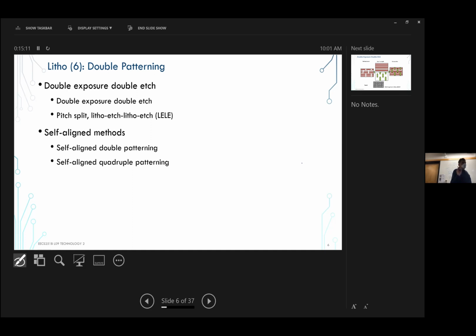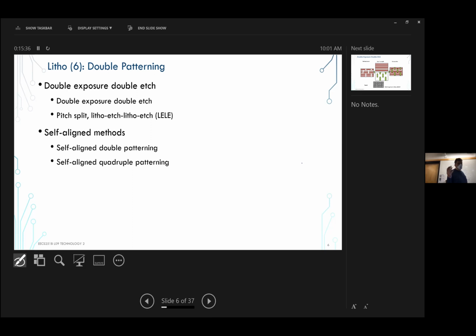But at some point, it was really difficult to attain desired resolutions in a single pass with a single mask. So features on the same layer, say polysilicon gates or contacts, were broken into two masks. And there are different ways how this has been done.